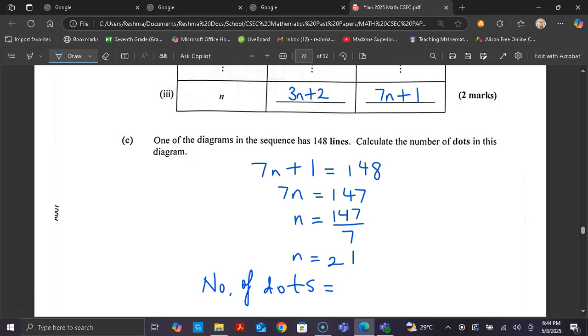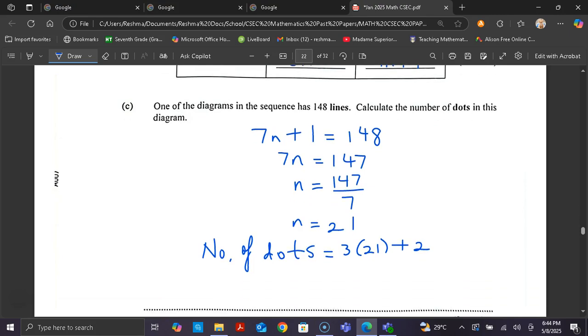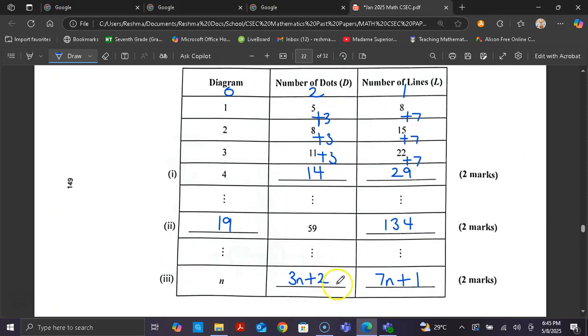So if n is 21, it will be 3 times 21 plus 2, which is equal to 63 plus 2, which gives 65 dots. So I hope you found my little trick to find the formula for the nth diagram helpful.